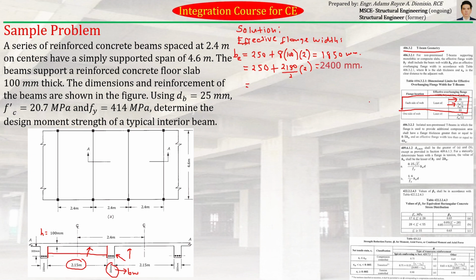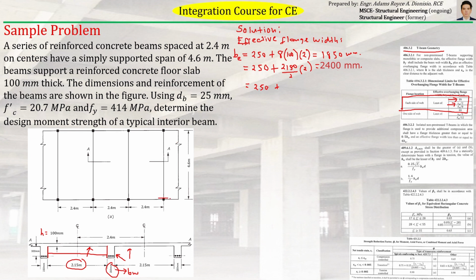And then let's also check the last one, ln over 8. That will be BW plus ln over 8, wherein ln is the clear length of our beam, from the edge of the column to the edge of the column on the other side. But there is no given dimension for the column, so we don't have any choice.